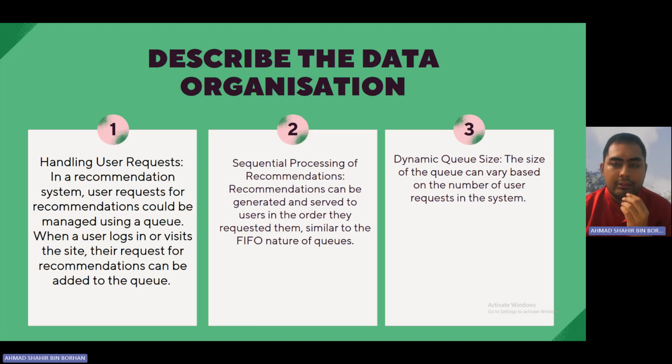And lastly, the dynamic queue size. The size of the queue can vary based on user requests on the system. During busy periods, the queue will expand to accommodate more requests, ensuring that no user request is lost or delayed.